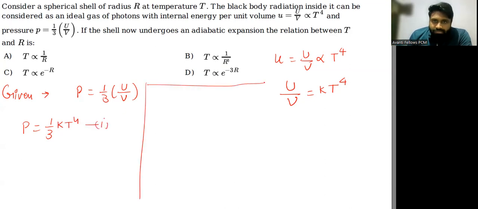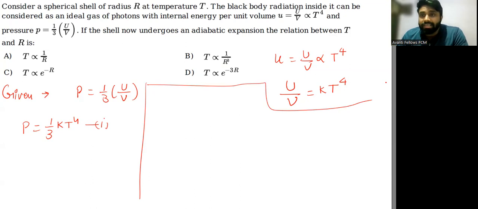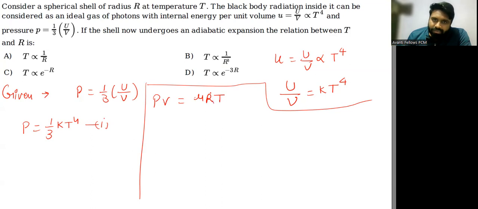Now, it is given in the question that this is an ideal gas of photons. So we can apply the ideal gas equation, which is PV equals mu RT. This R I will take as R dash because it is the universal gas constant, so that you do not confuse it with this radius.